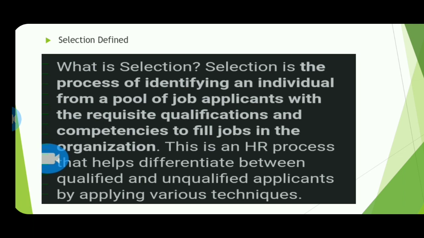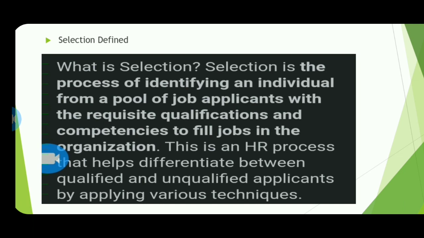So di na nako i-elaborate pa. I hope nga masabtan ninyo ni kay kaning mga English nga gigamit diri, it's very simple English ra. So you can differentiate now what is recruitment and what is selection. Selection, as mentioned earlier, is identifying an individual, so you have to select an individual who is capable and fit for a certain job.